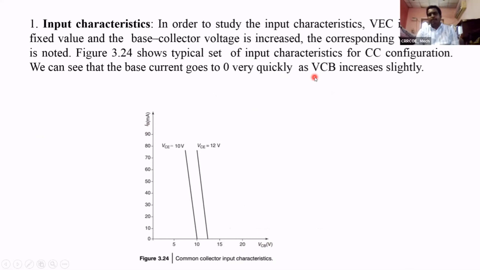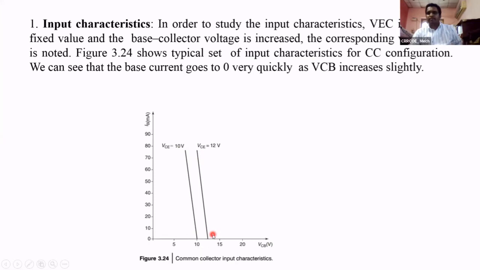If you increase VCB, the voltage between the collector and base, quickly it comes to 0. In the previous case the slope was increasing, but here the slope is in the reverse direction. Any further increase of VCB, it comes to 0 immediately.